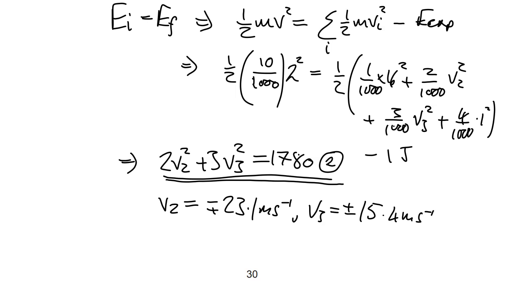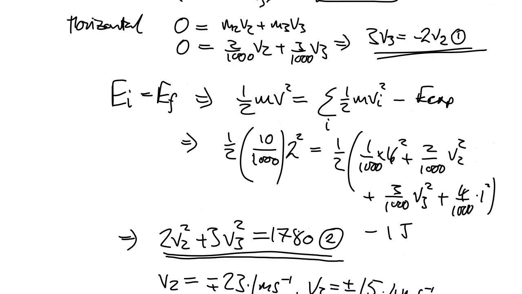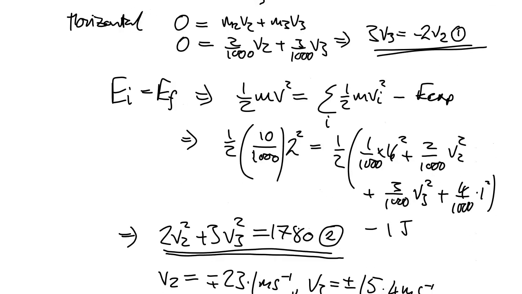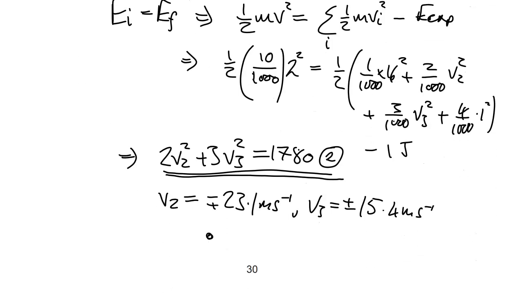So here we have some funny signs. What does this mean? Why do we have 2 solutions, where one is minus and one is plus? Well, we're not given enough information in the question to know which way around the masses are. Let me explain.